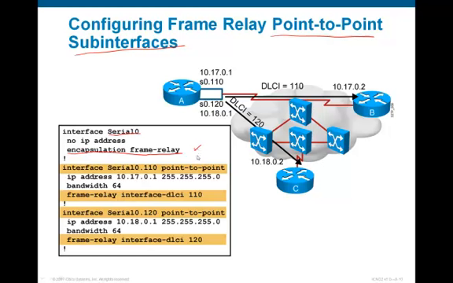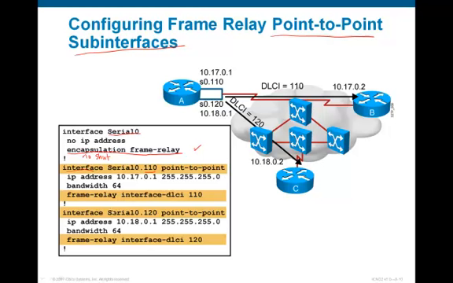Of course, another thing is to make sure the main interface is not shut down. Then we can proceed to create sub-interfaces using the sub-interface notation, followed by the type of sub-interface that we want to create. In this example, we want to create point-to-point sub-interfaces.